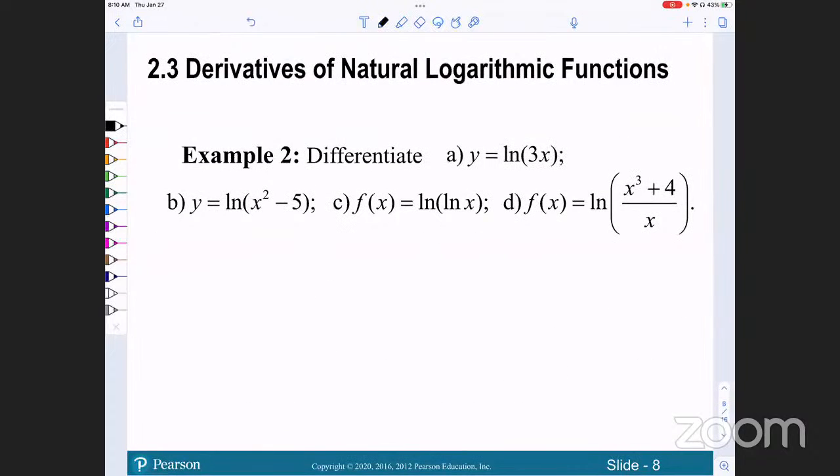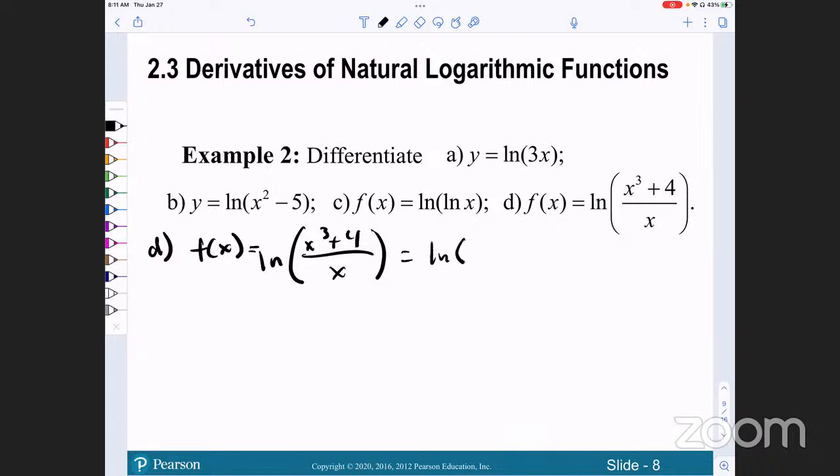Let's redo part D with that added information. So then for part D, again, our f of x is the natural log of x cubed plus 4 over x. Okay, so in this original part, we have the log of the quotient. We can apply the properties of logs. This is going to be the same as the log of x cubed plus 4 minus the natural log of x.